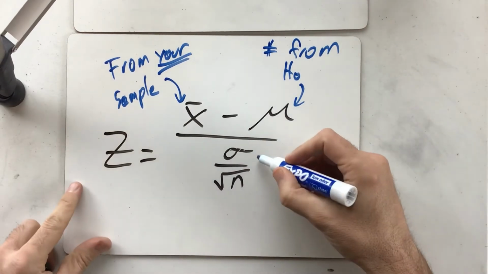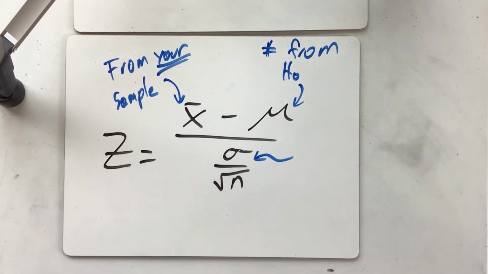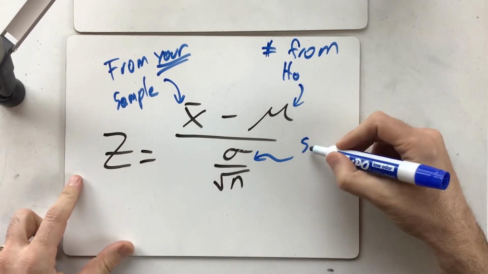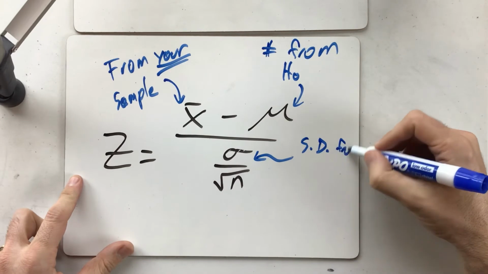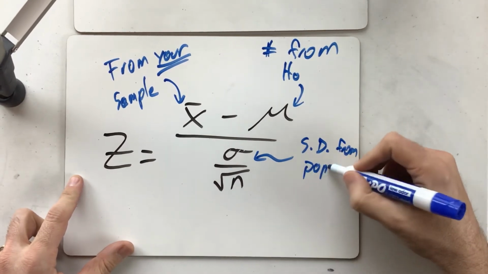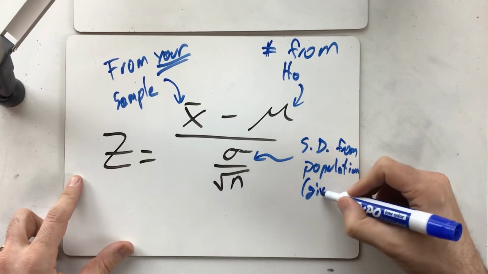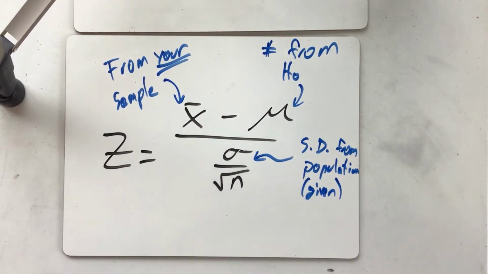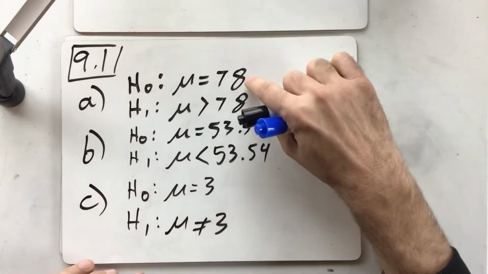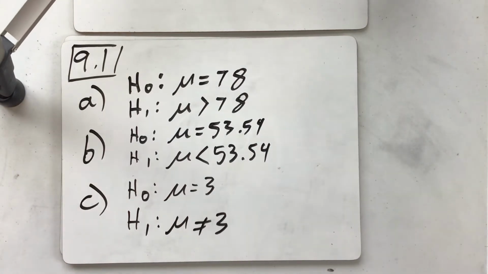And finally, this sigma is the standard deviation from your population. And this would have to be given to you in your problem. Sometimes you'll know what the standard deviation is. For example, if you are this teacher and you're doing a standardized test, it might be that your standardized test has plenty of data that you know what the standard deviation should be.